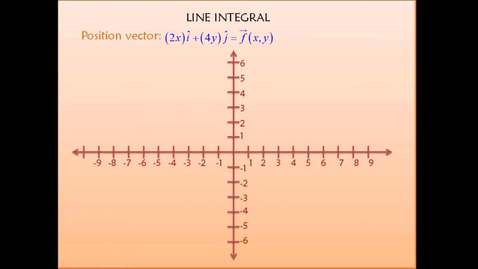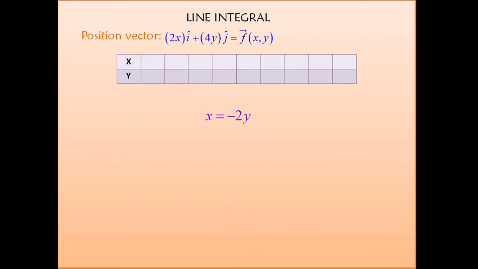Suppose that the trace this bus has covered is x equals minus 2y. We will collect its points from minus 4 to plus 4. If we substitute x equals 0, then we get y equals 0, which implies that we are getting an ordered pair xy equals 0, 0.